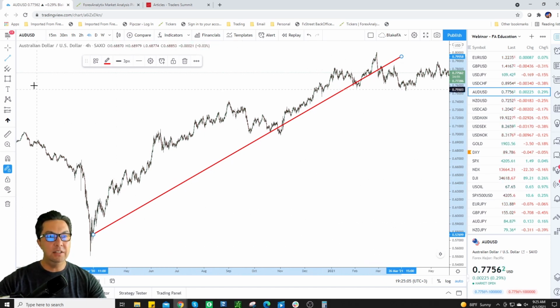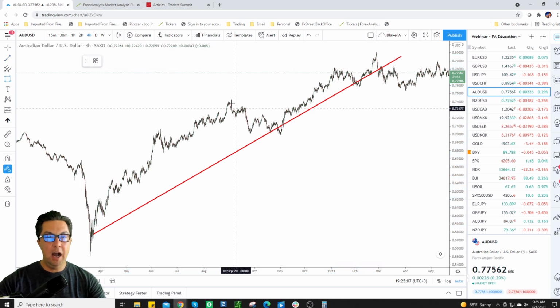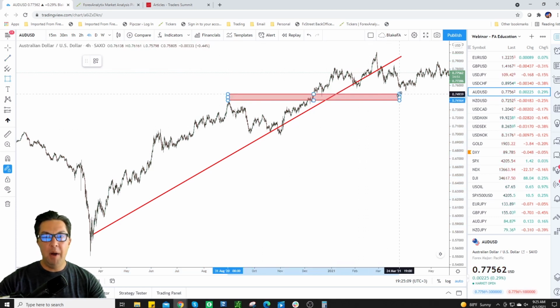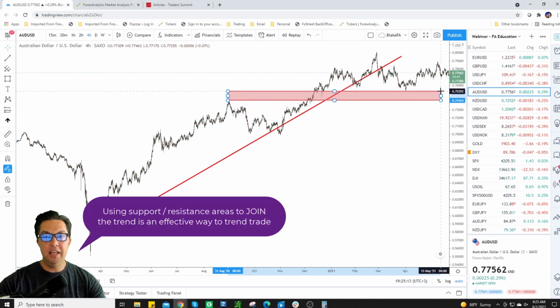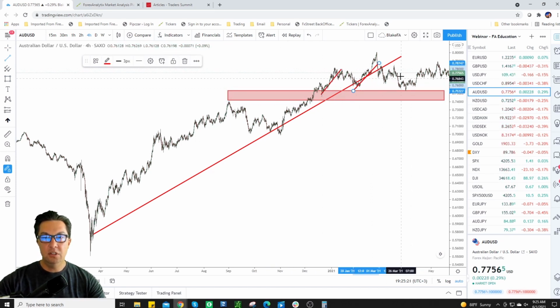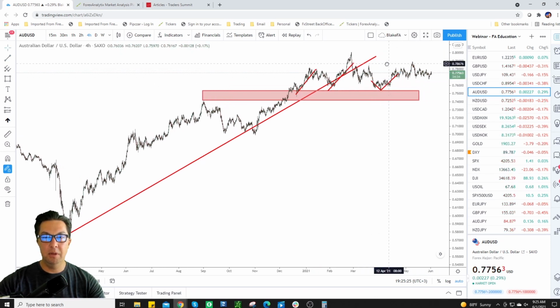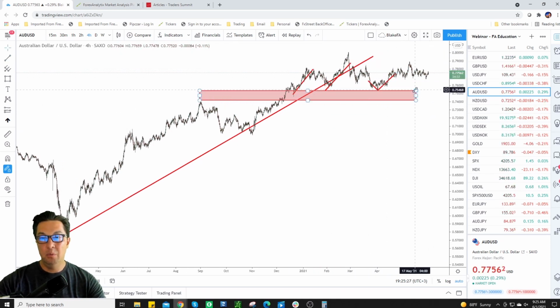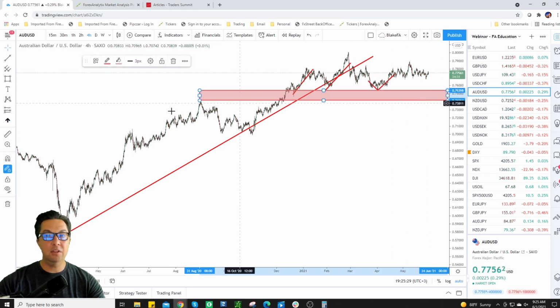What that means is when it's trending higher, buying it at support levels tends to be easier than selling, because if it's trending higher, that's the path of least resistance. So whenever it bounces off of support, it tends to act a little bit better, and it's easier to make money when things go back in the direction of the trend.